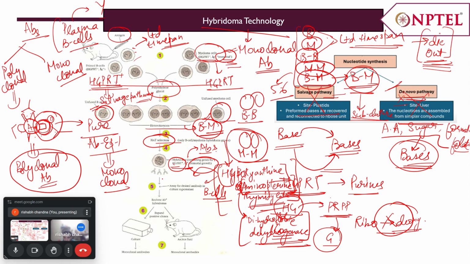So we either expand them in vitro, that is in culture, and isolate the monoclonal antibodies, or we inject them in mice and collect the ascites fluid that develops because of the growth of the tumor. Then from that we isolate the monoclonal antibody. So this was the whole procedure of how the hybridoma technology takes place for the production of the monoclonal antibody.